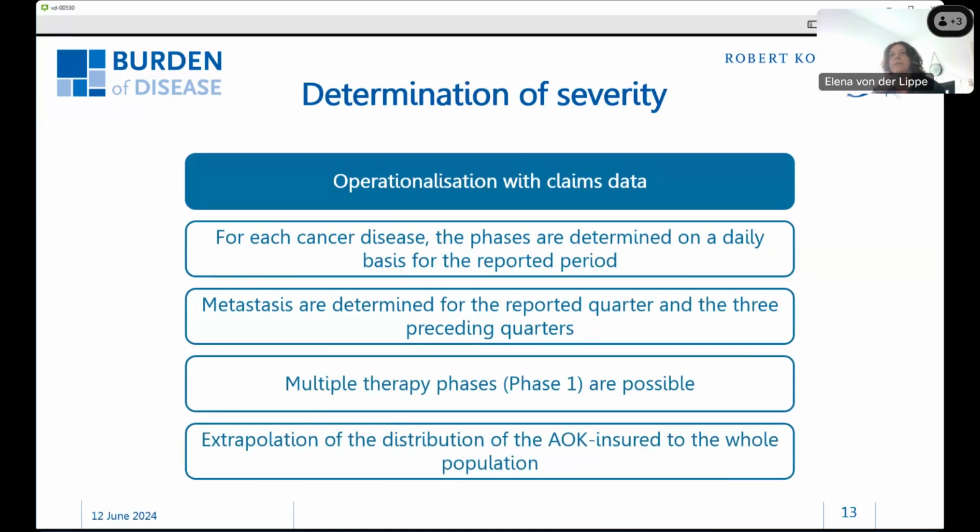For the therapy phase, we allowed multiple phases. I will show an example. The therapy could appear several times in our assessment period, and we were able to extrapolate all this information from the insured persons in this company to the whole population in Germany.